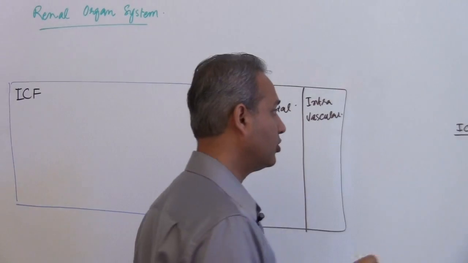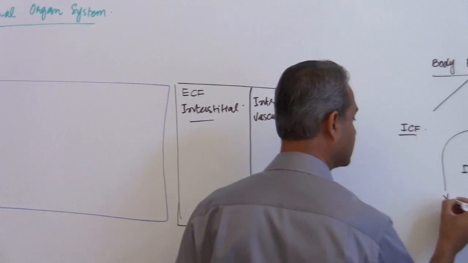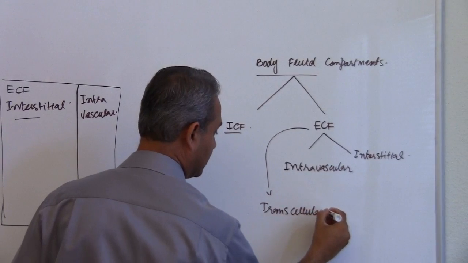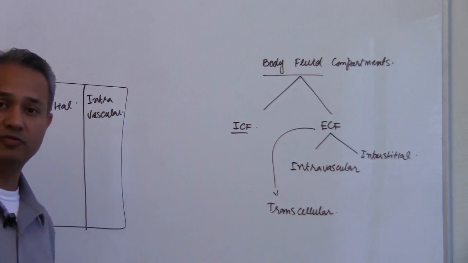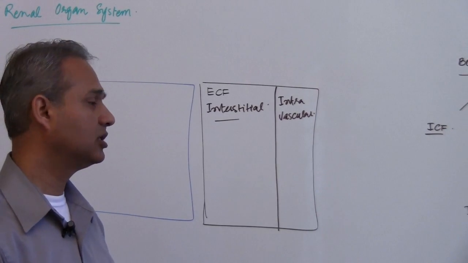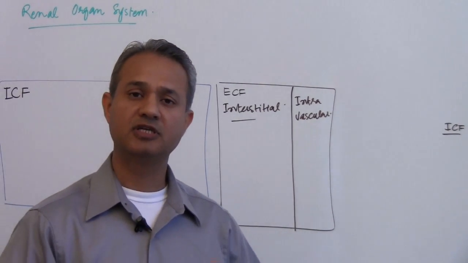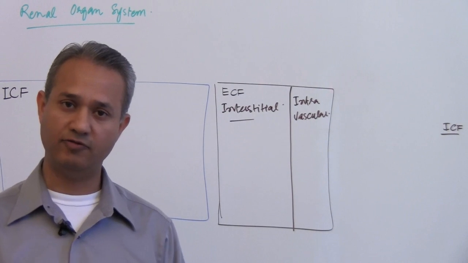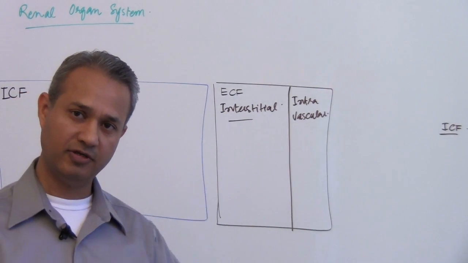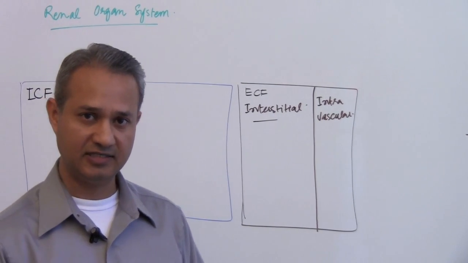There is actually one more extracellular compartment which is called transcellular, but usually not really studied as part of the body fluid compartments. It's pretty stable. About 2 liters of the whole fluid is present in the transcellular.